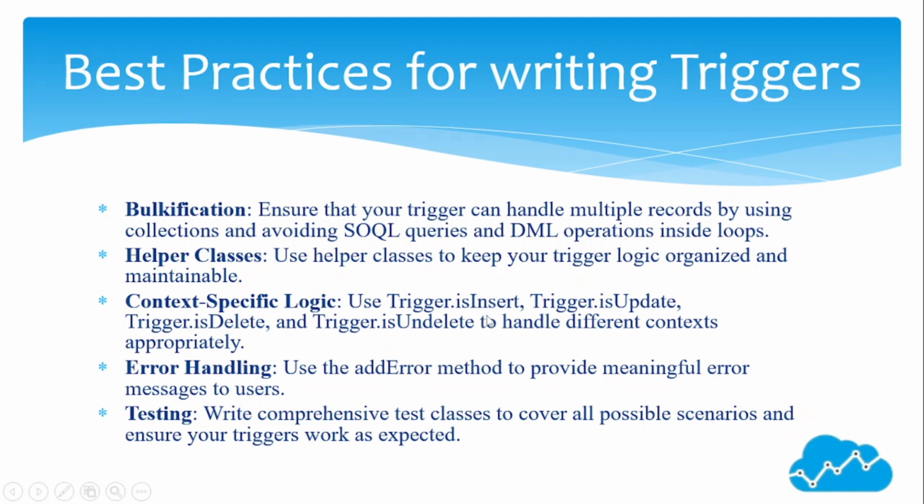Use Trigger.isInsert, Trigger.isUpdate, Trigger.isDelete, and Trigger.isUndelete to handle different contexts appropriately. Error handling. Use the addError method to provide meaningful error messages to users. Testing. Write comprehensive test classes to cover all possible scenarios and ensure your triggers work as expected.